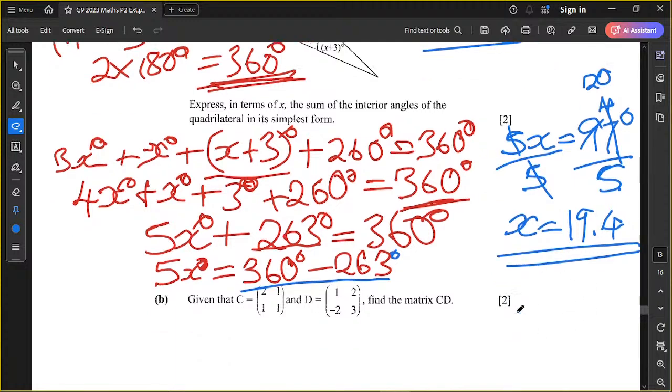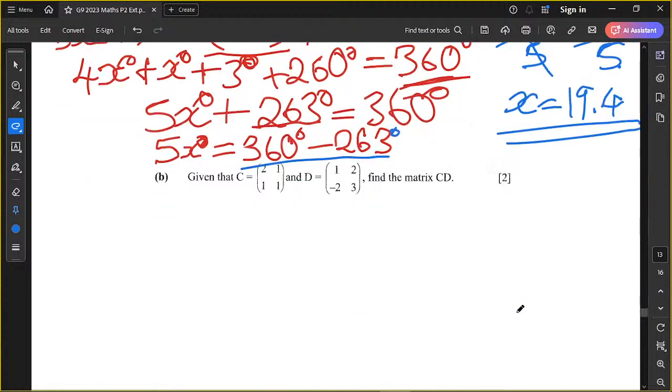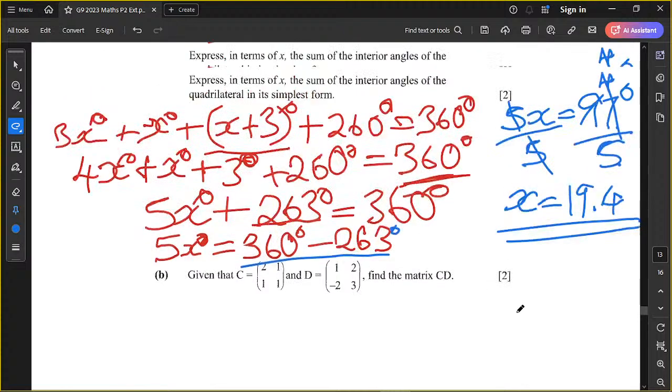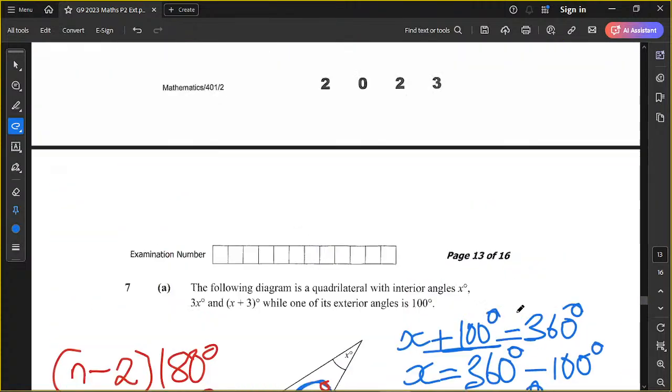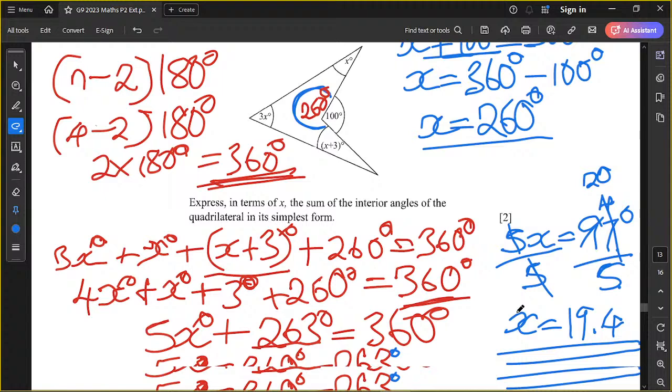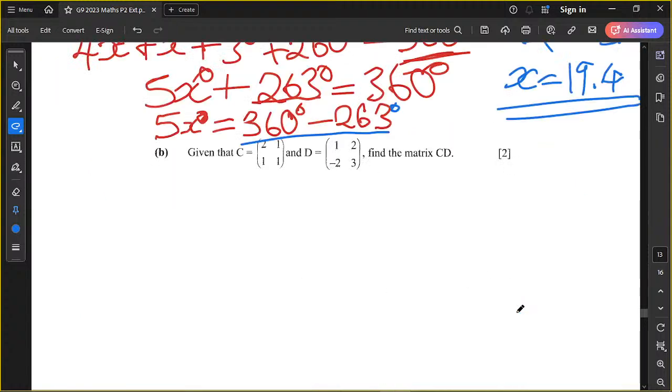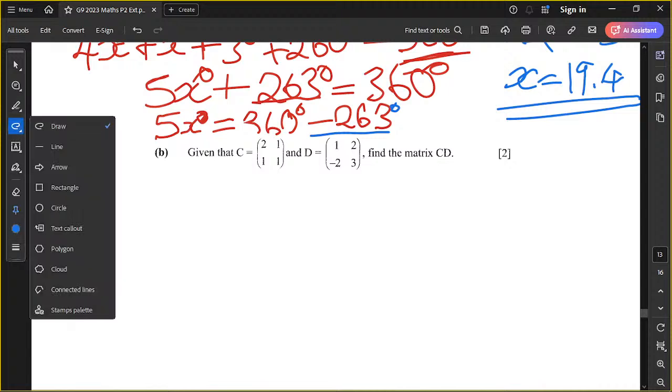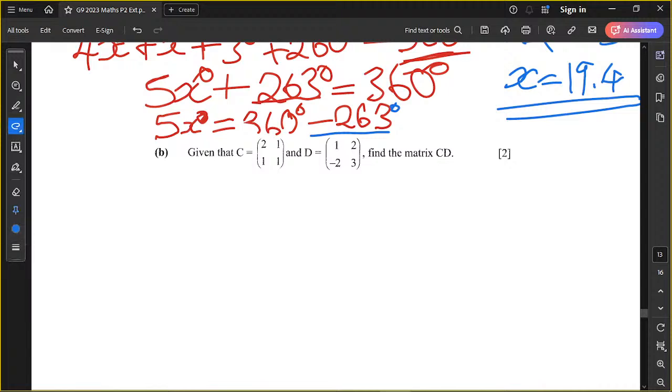Okay, so we come to question 7c. We are on question 7c. Okay, question 7c, I'm leaving it there for you to try it. I'm giving you just a few seconds. I know you, you're great.